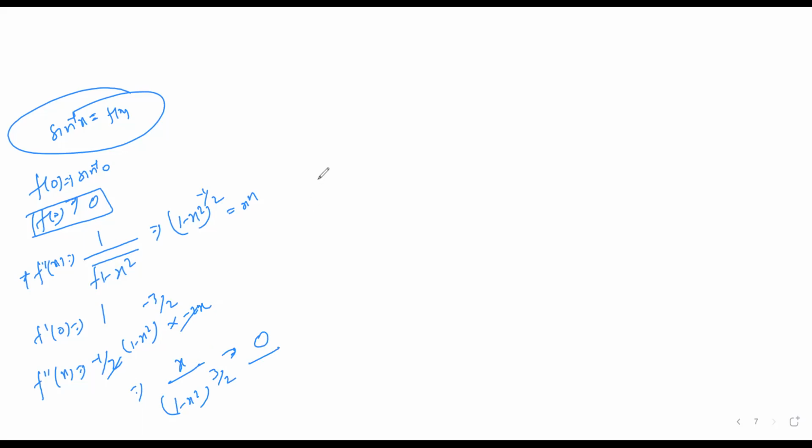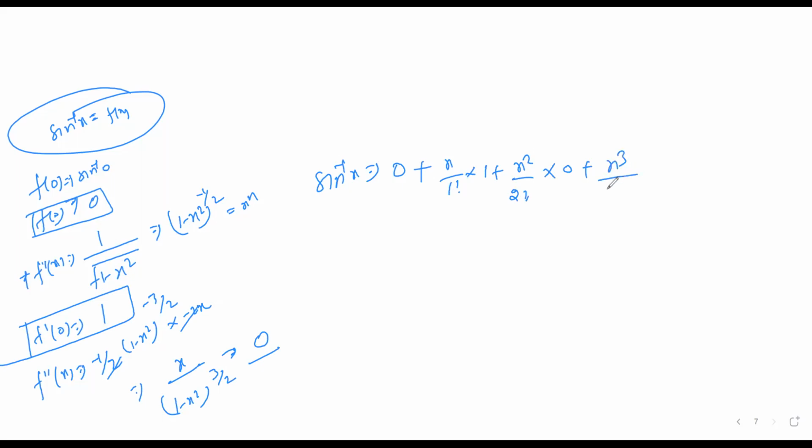So you can get the series here for sine inverse x. The first value I am getting is 0. F dash x, x by 1 factorial: f dash I am getting here is 1 into 1. Plus x square by 2 factorial, I am getting 0. Similarly the x cube by 3 factorial: here you will get 6, and so on.